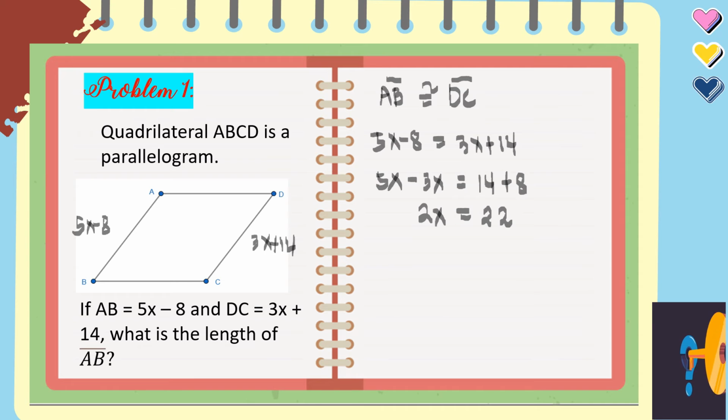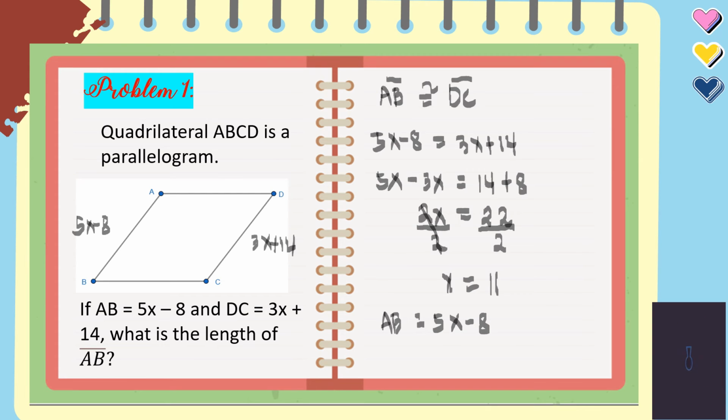By the multiplication property of equality, to solve for x, we multiply both sides by 1/2, or simply divide both sides by 2. So, x is equal to 22 divided by 2, which is 11. The question is, what is the length of AB? Since AB is equal to 5x minus 8, we just substitute 11 for x.